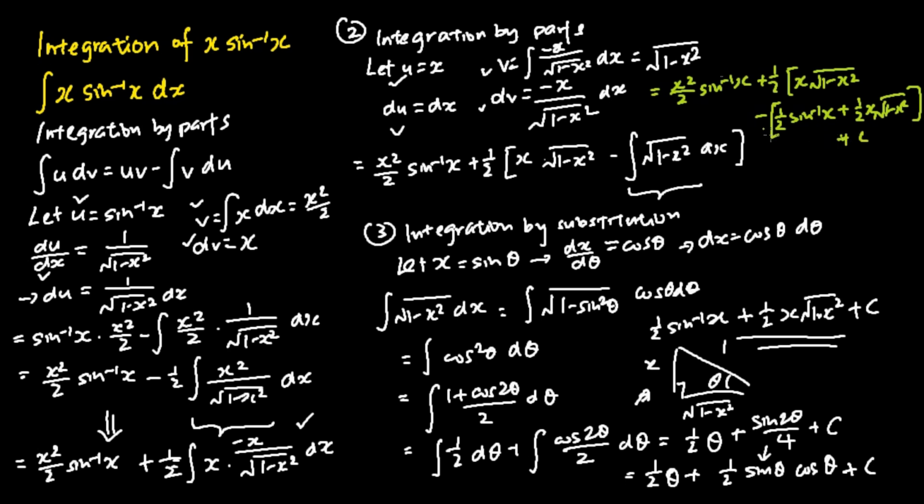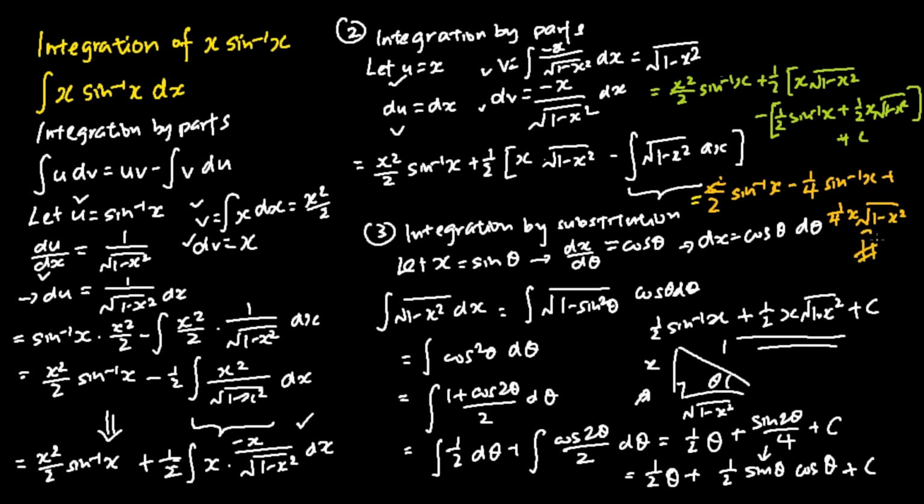And then we simplify in the manner we should get the final answer, which is in orange, x squared over 2 sine inverse x minus 1/4 sine inverse x plus 1/4 x square root 1 minus x squared.